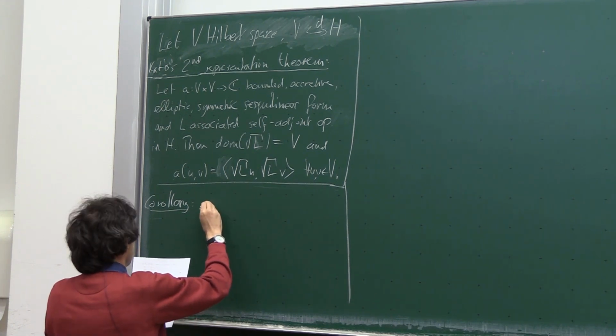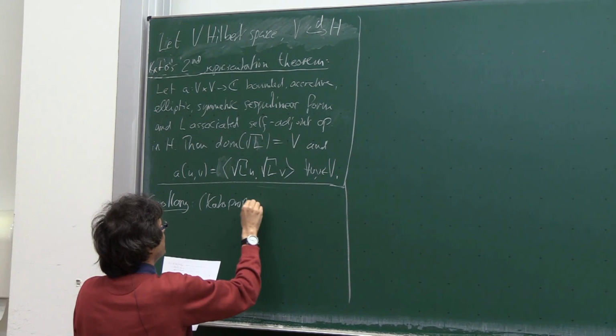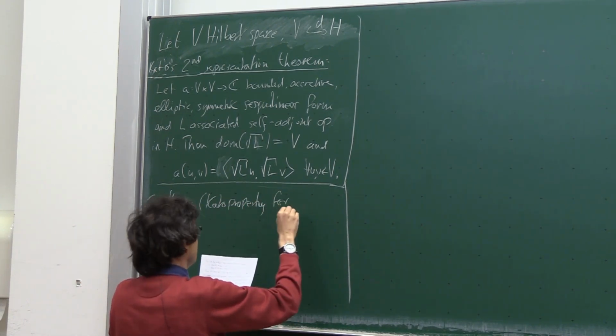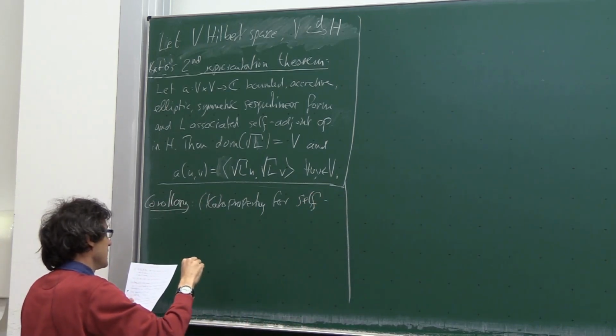So this is the so-called Kato property. As you see, the name Kato is very present here. It will come more often in the next minutes.